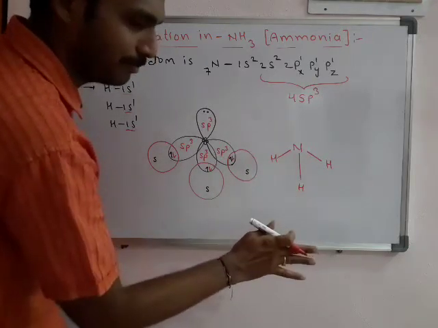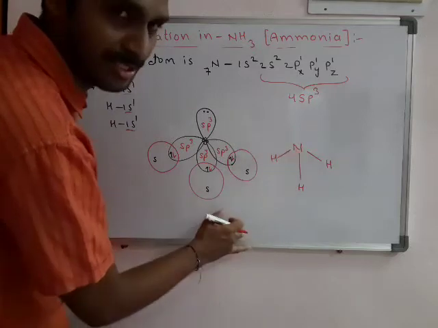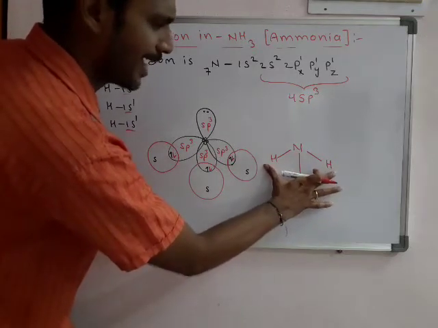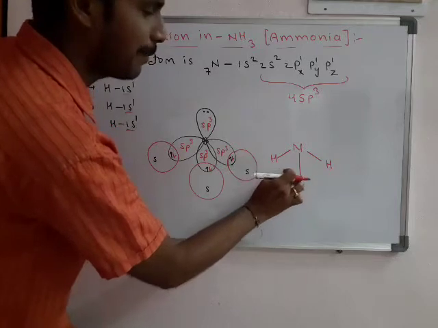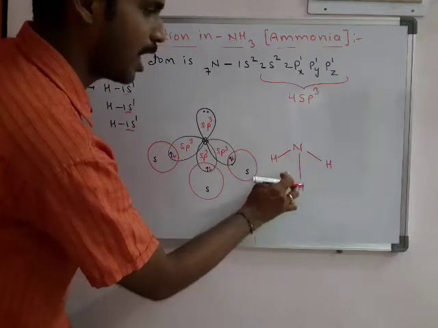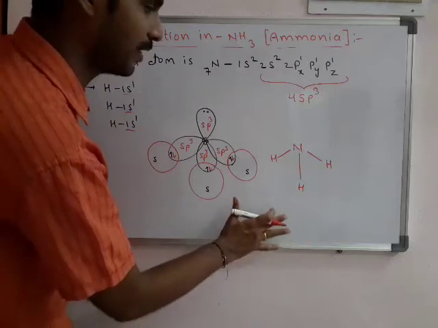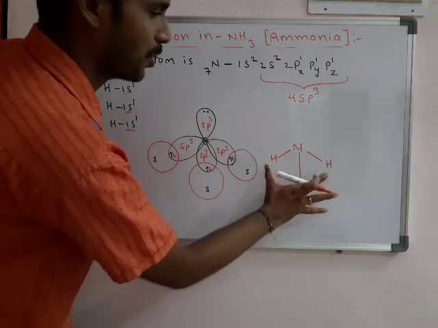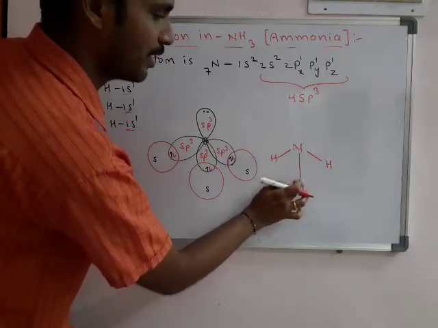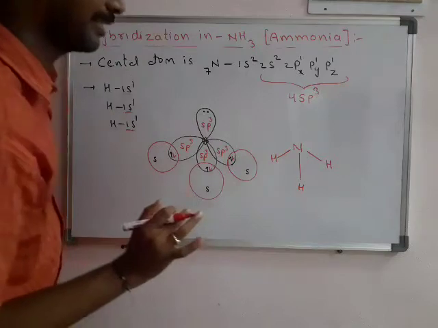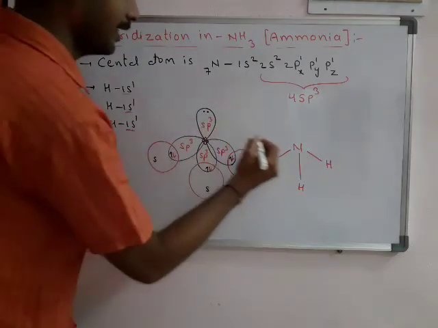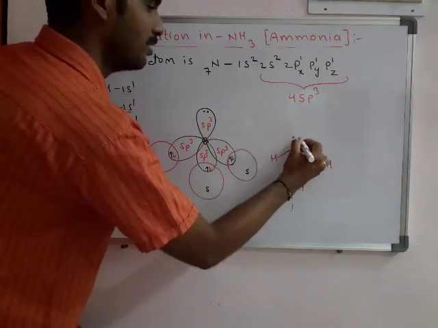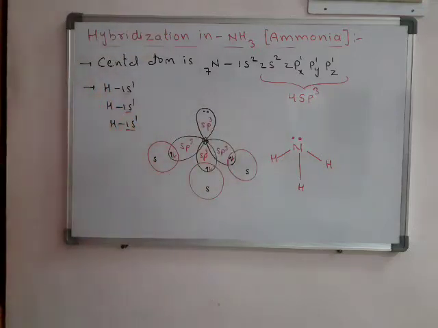We must imagine a front side and a back side when drawing. The sides are the same size, while the middle one may be bigger or smaller. You must show a difference between the size of the side ones and this one, because the sides are in one plane and the third, middle one is in another plane. And the lone pair is present on nitrogen. So this looks like a tetrahedral.